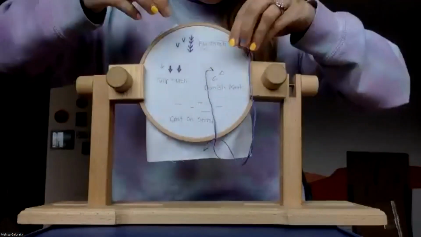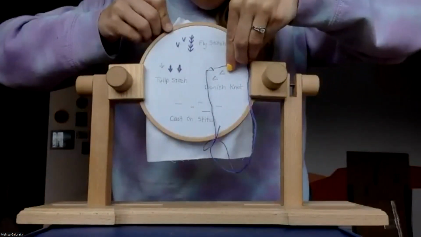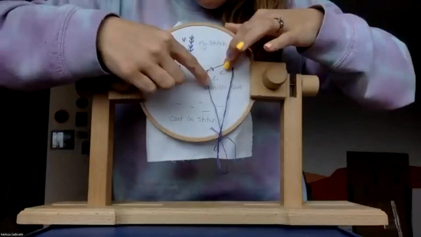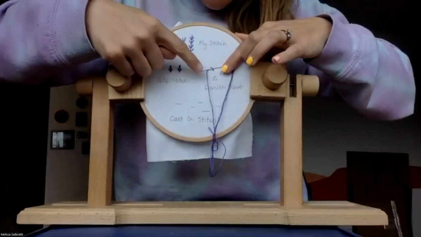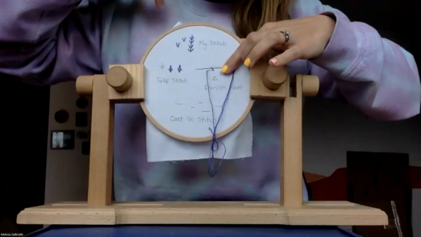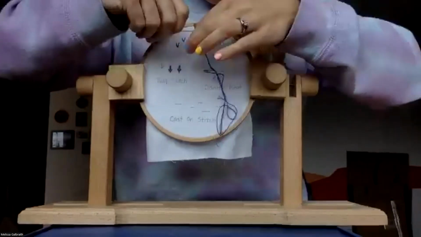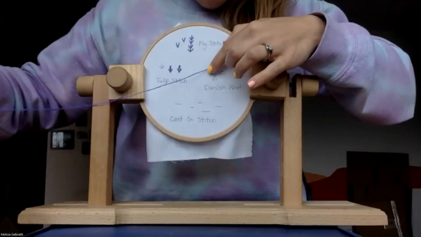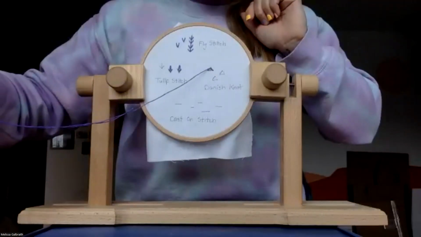So we're going to bring our needle underneath our straight stitch towards the thread that's coming out of the fabric, and you want to make sure your needle is above that thread to start with. And we're going to gently tug so that thread is now flush with the fabric.